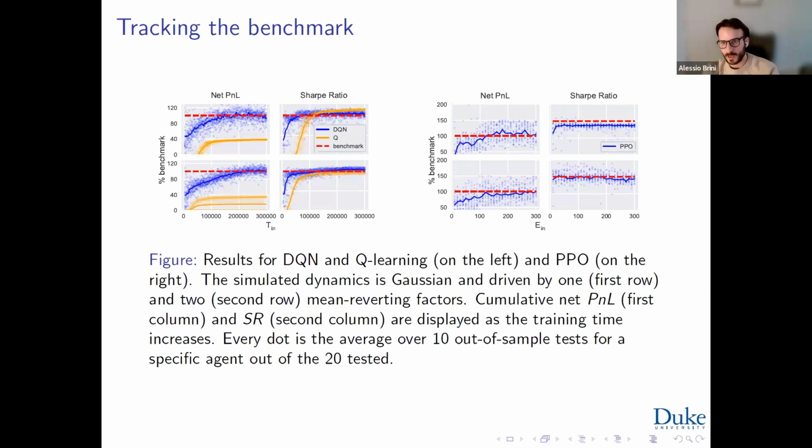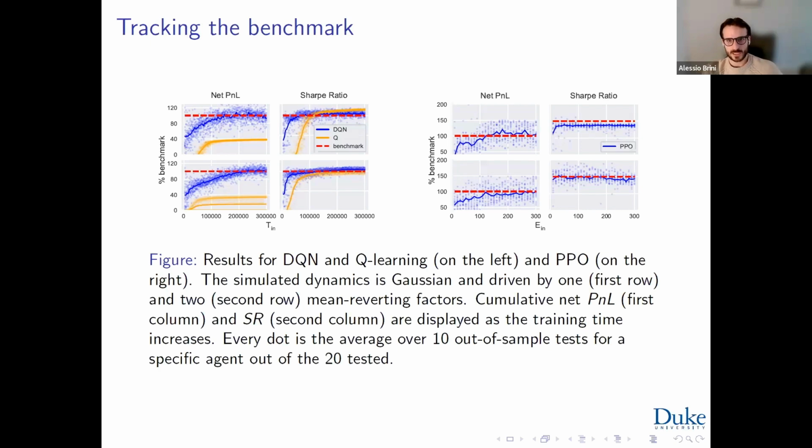So I divided value-based and policy-based methods this way. The metrics are the net P&L and the Sharpe ratio obtained over time. And essentially, whenever you see the red line, that is the level reached by the benchmark. So the benchmark is an optimal solution. It's deterministic. It does not change over time.